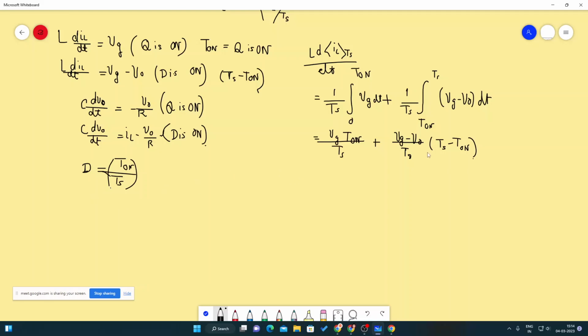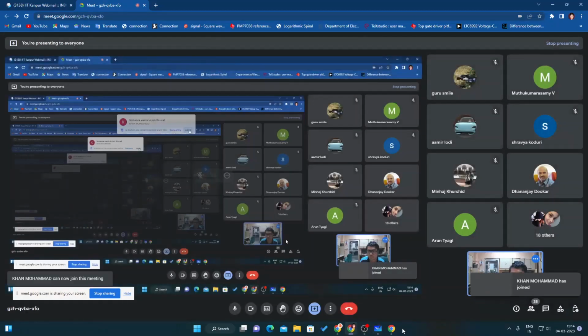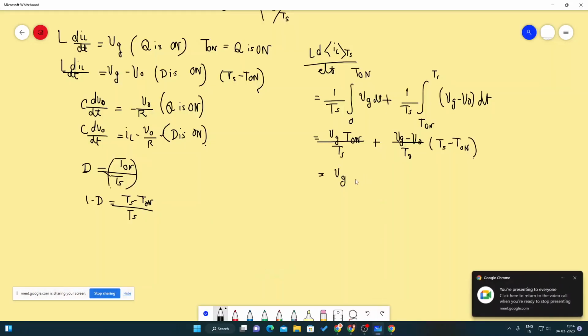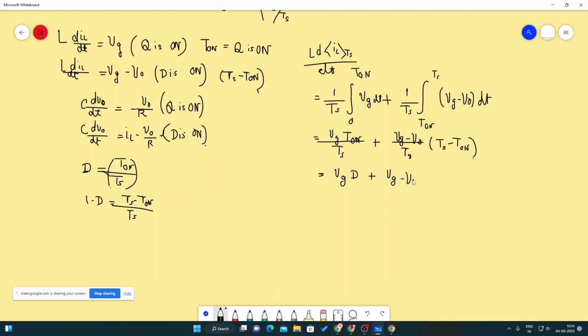So naturally 1 minus D will be equal to Ts minus T on by Ts. So this is equal to Vg into D plus Vg minus V out into 1 minus D.